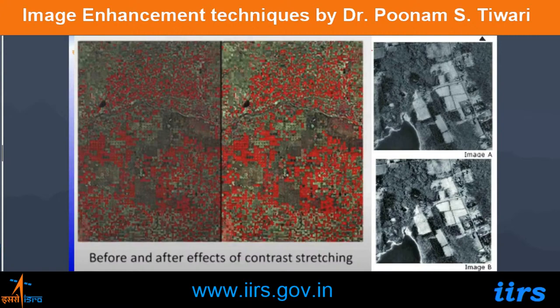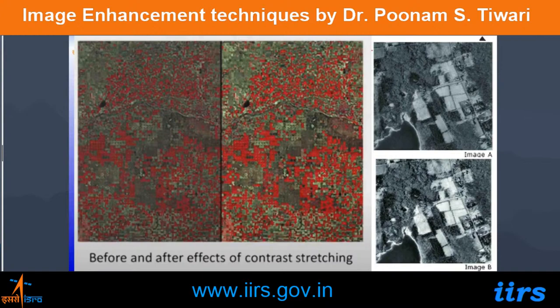Now the second type of radiometric enhancement is percentage cutoff stretching. It is similar to minimum maximum stretching. The only thing is that we are not going to use the minimum and maximum of the input brightness values. Instead, we take a certain percentage of pixels.